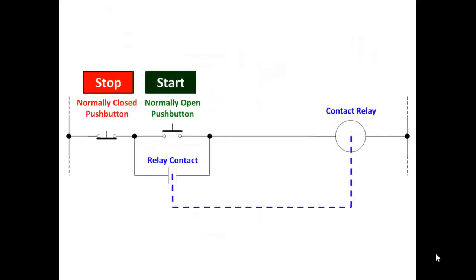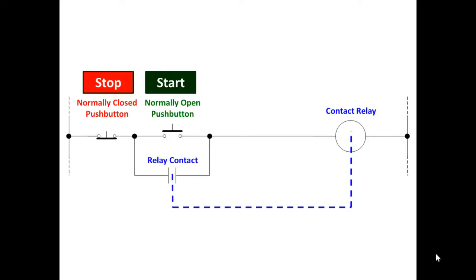Okay. We also have a contact relay, and the relay contact in parallel with the normally open push button, I show a dashed line. In electrical diagrams, we did this quite often to show that there was a mechanical link between the contact relay and the relay contact.